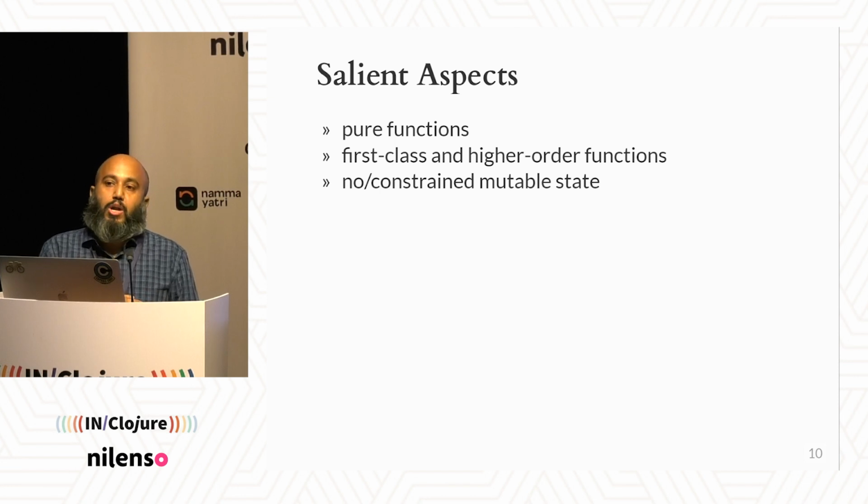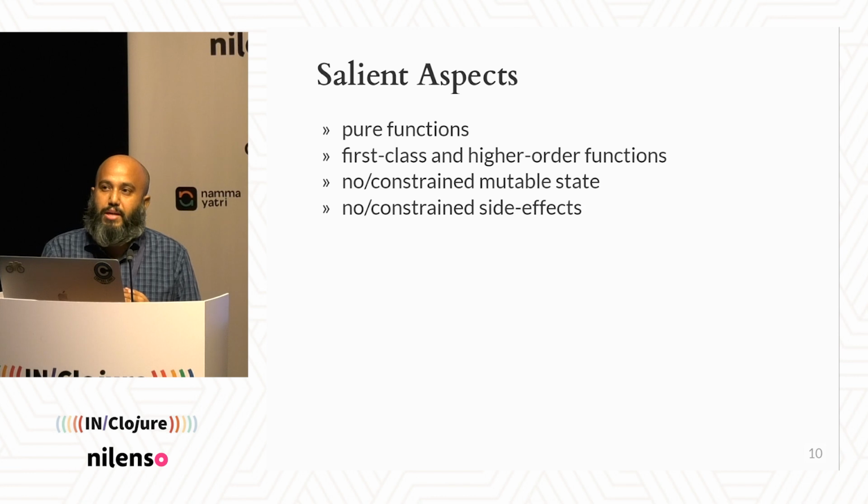These days, functional programming languages prefer to be immutable by default. Like Clojure, they'll have immutable data structures: Clojure, Elixir, all the new functional programming languages that are coming up. You can still have mutability, but you need to do specific things in order to achieve that. And the next one I'd say is no or constrained side effects.